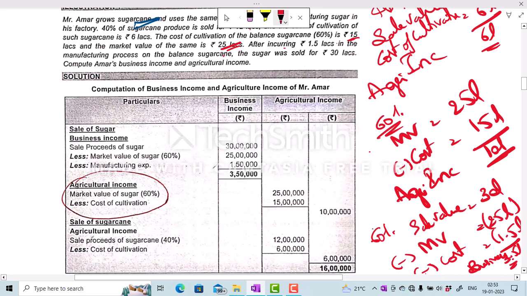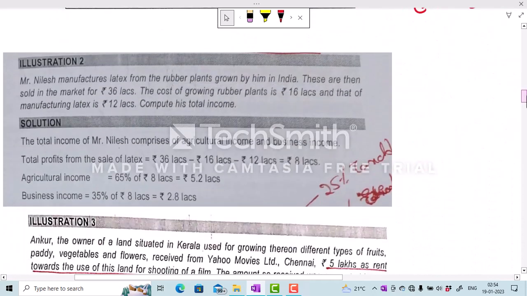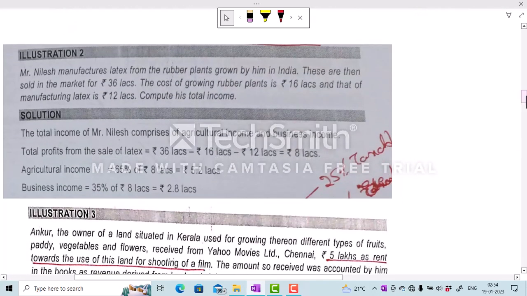Okay, so 3.5 lakhs business income. So 10 lakhs is here and 6 lakhs is here. Likewise we need to calculate in case of other products, but when it is among those four products, first see the example. Mr. Nilesh manufactured latex for rubber. What is the ratio of rubber? 65% and 35%.